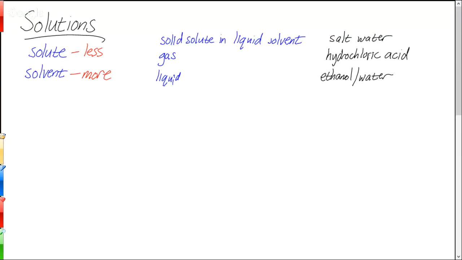All right. You can also have solvents that are non-liquid. So you can have a gas solute in a gas solvent like air.